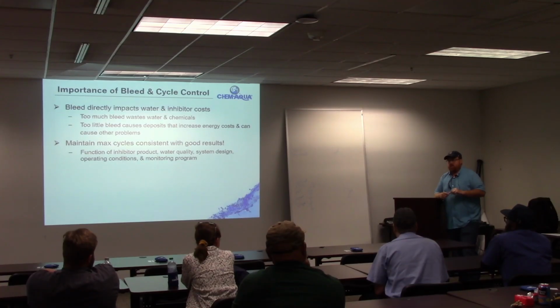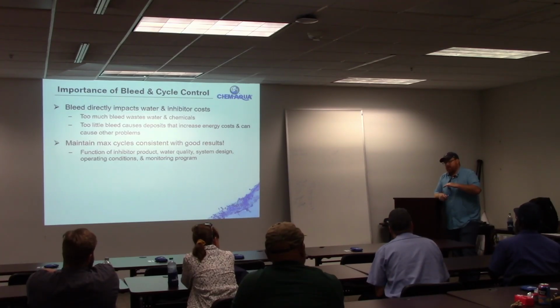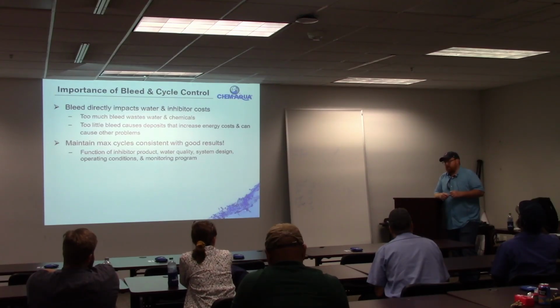And so it can create a situation where you feel like it's almost constantly blowing down. It shouldn't be constantly blowing down. You should have periods where it stops. If it's not stopping, it could be that your blowdown line is restricted so that you're not blowing down at a fast enough rate. You're not discharging enough water fast enough.